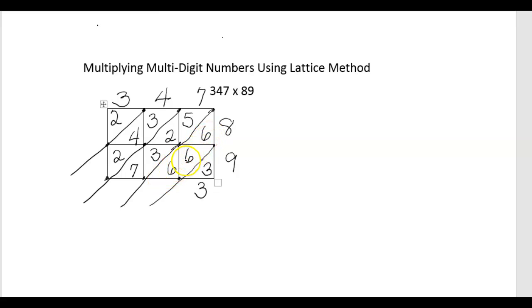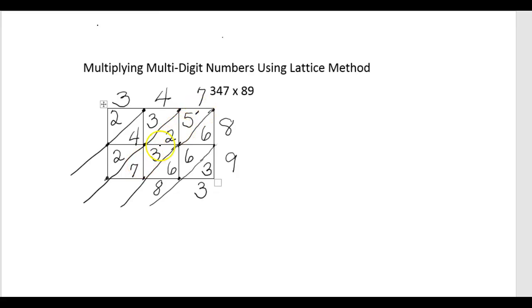So 6 plus 6 is 12, plus 6 is 18. 18 is a 2-digit number, so I would write my 8 here as my ones digit. I am not going to write 18 here. 8 carry 1. I'm going to put my 1 on the next diagonal.